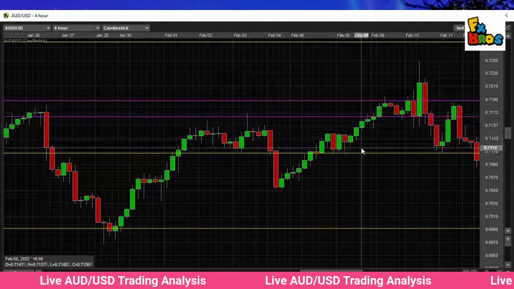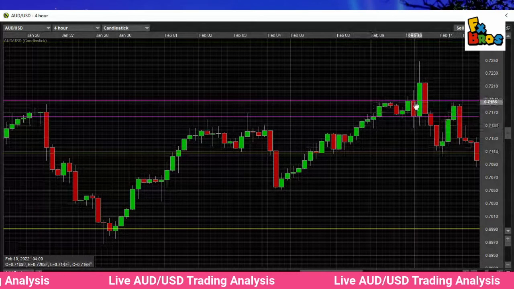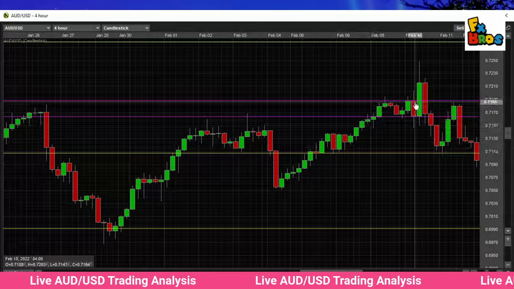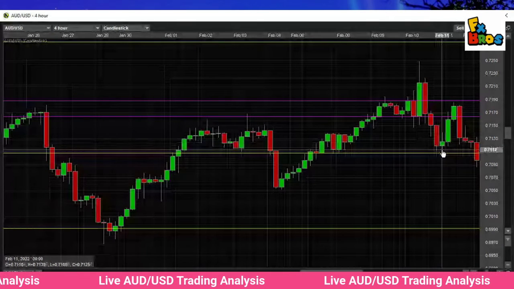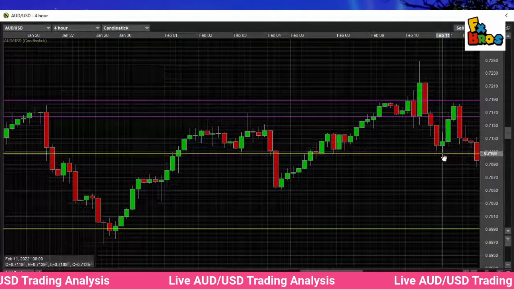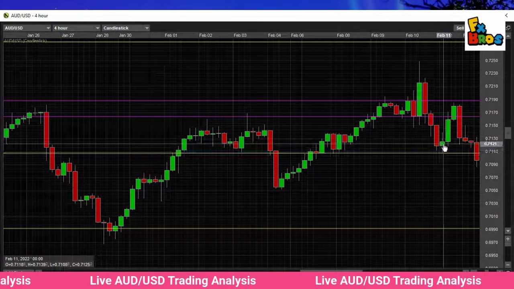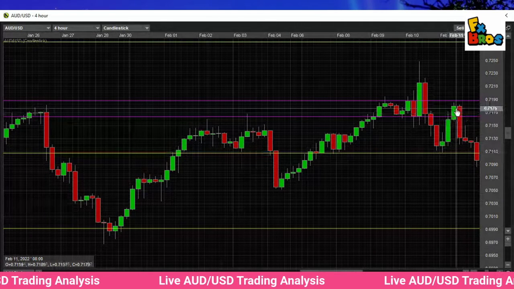So that being said, we can now look at this as a breakout. It didn't break the daily resistance or support. So turn back around, back into this little zone up here.